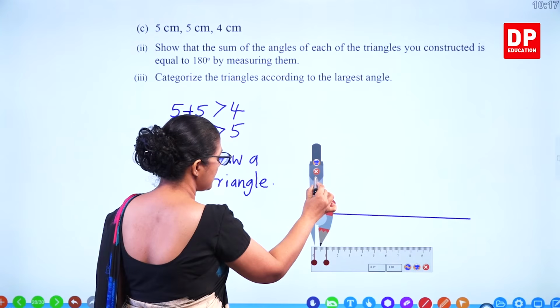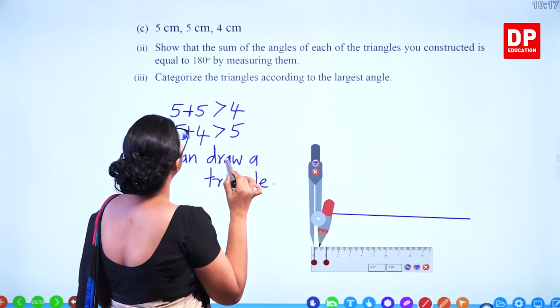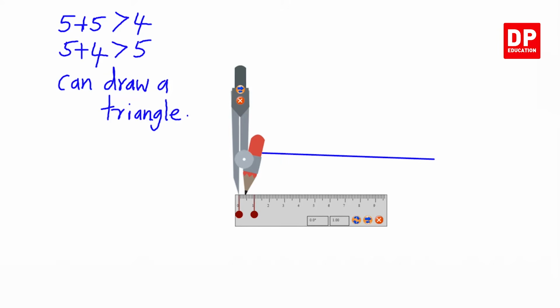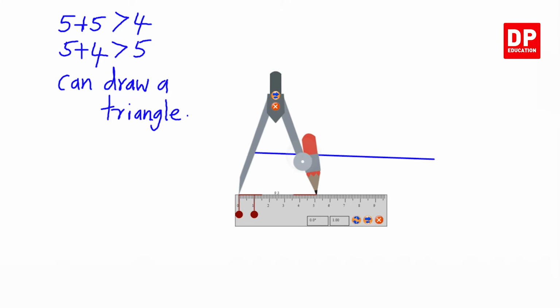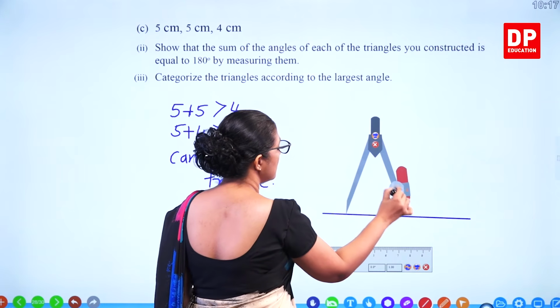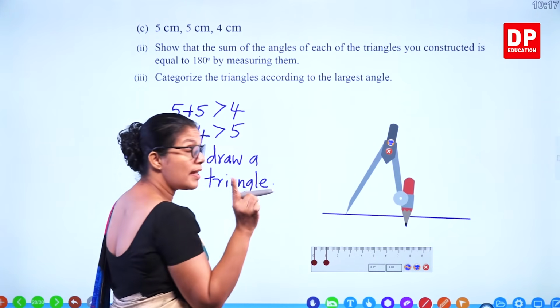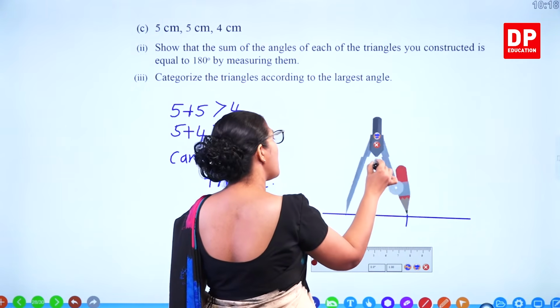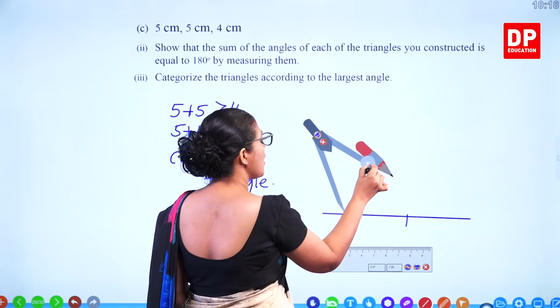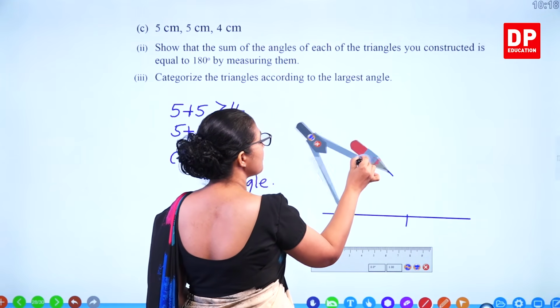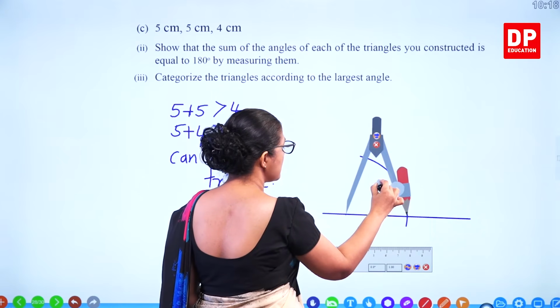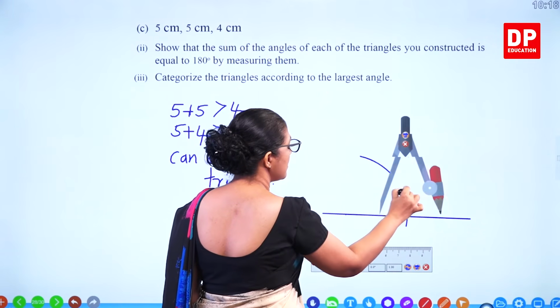So we'll take first the 5 centimeter length. Mark here as well as another point because two lengths are 5 centimeters. So I can mark an arc somewhere here. Now we'll take 4 centimeters here again.